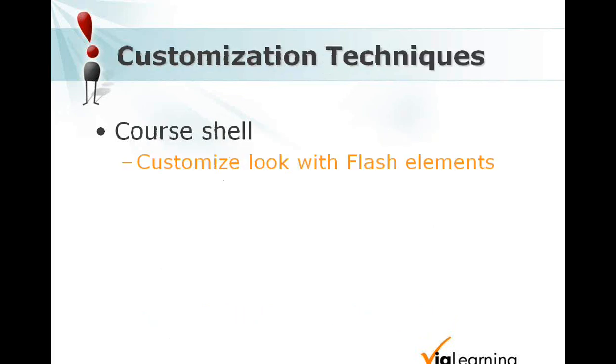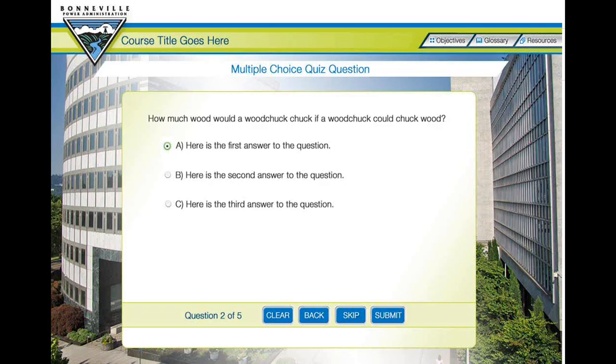Perfect. So like we just talked about, you can customize the course shell, which is a great way to help your learners think that they're not in a rapid developed tool course, that they're in a custom course. So we're going to look at an example here really quick of something we did for one of our clients. So you can see we've customized the buttons in the upper right corner for the course objectives, glossary, resources section, and then also the navigation buttons down on the bottom.